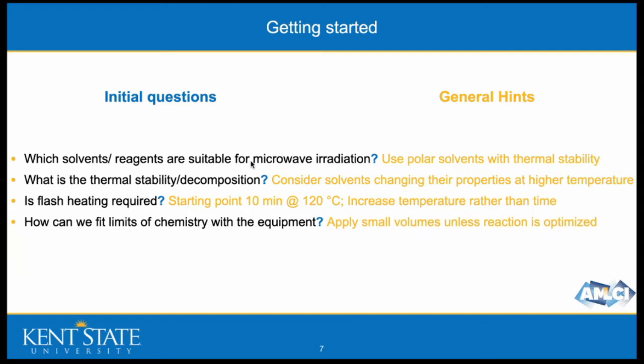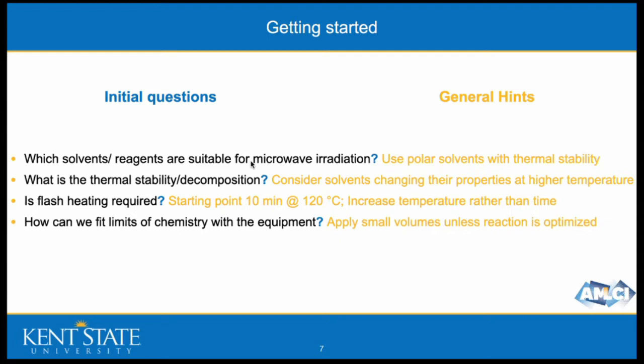And what is the thermal stability or the decomposition? Before you use a microwave, you have to do your homework and check if your reagents are stable at high temperatures. Otherwise, you cannot use it for microwave-assisted chemistry. And so you have to consider solvents or reagents changing their properties at higher temperature.